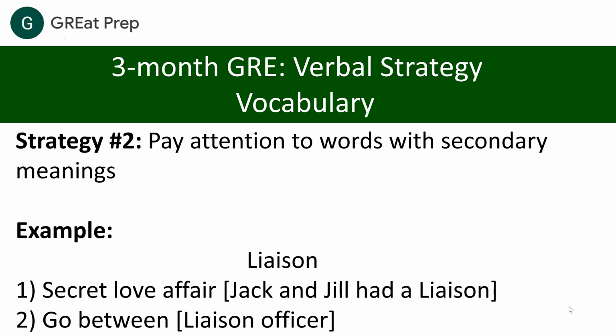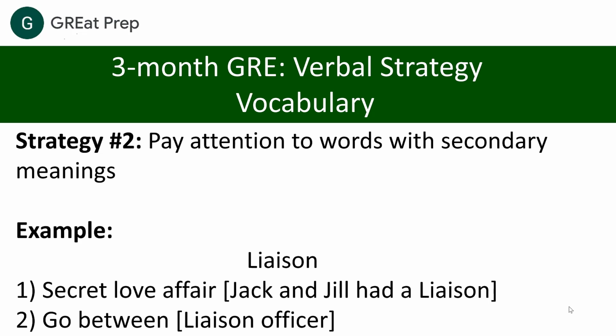A secondary meaning is acting as a go between. For example, a government liaison officer. When two sides are warring, for example, in World War II, you had Hitler on one side and you had Winston Churchill on the other. Hitler was from Germany and Churchill was British, and these were foes in World War II.